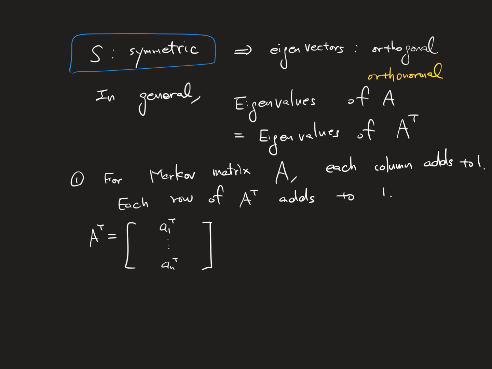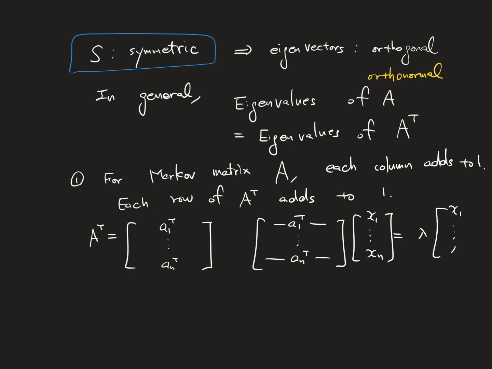We consider the eigen equation: A transpose times x1 through xn equals lambda times x1 through xn. We want to find the eigenvector and eigenvalue for A transpose.